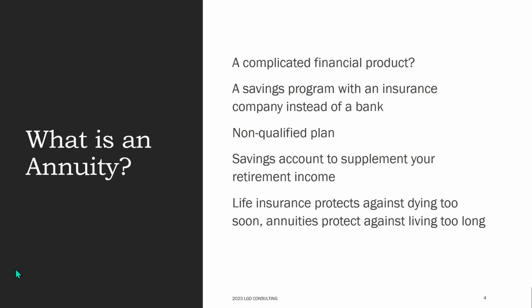Annuities, well, they're designed to make payments. So you have this lump sum of money at retirement, and then you annuitize it. That means you stop paying in, you start taking money out, and you're going to take it in payments. So when you take money out in payments, the gains are taxable, and it's going to be spread out over the payment period. So we're going to go into that in a little more detail here.